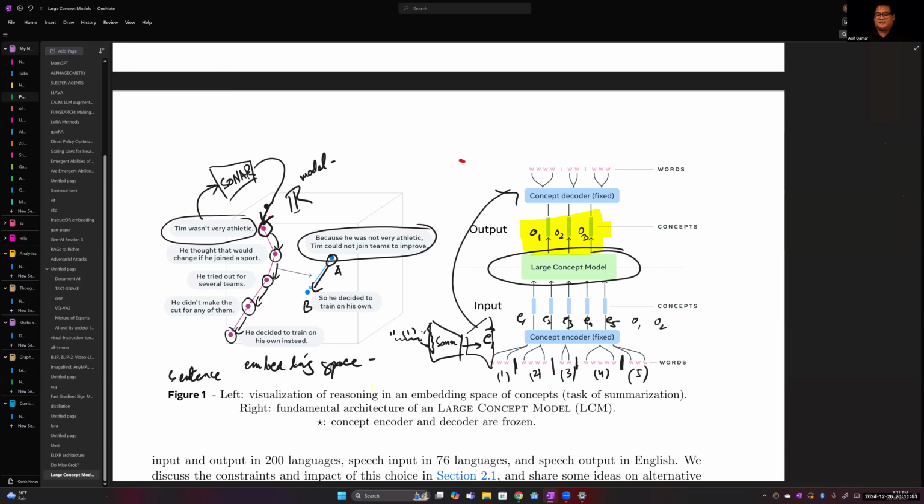What it is saying is that this machine works only at the level of concepts. But because the concept can be decoded not only into any language you want out of the 200, but also any modality you want, speech or text, you can have English text go in, and let's say hypothetically, you can have French voice come out.